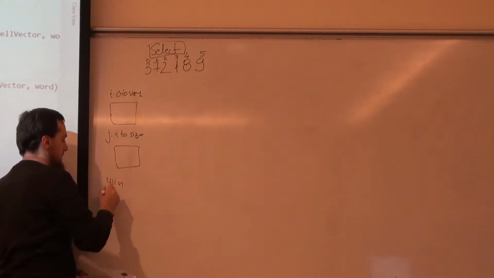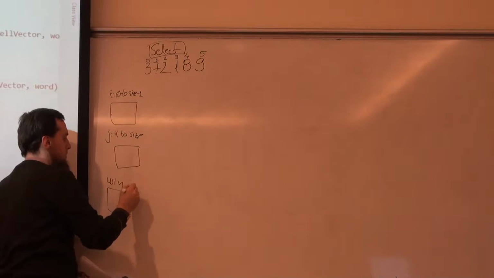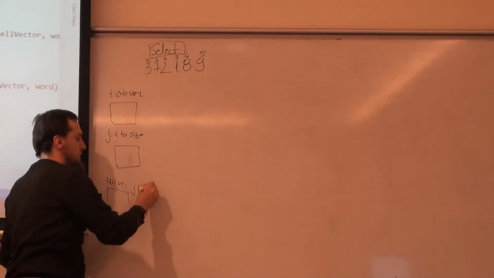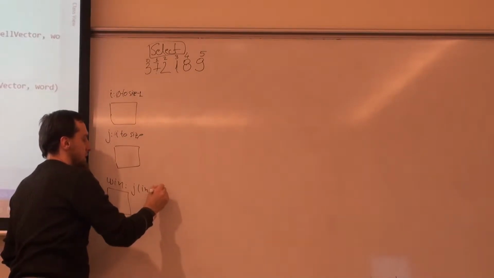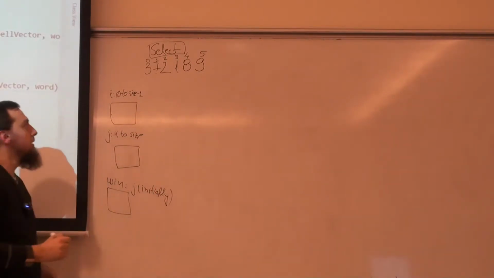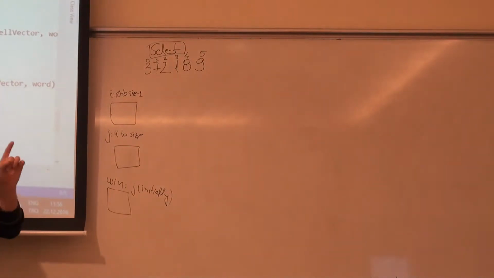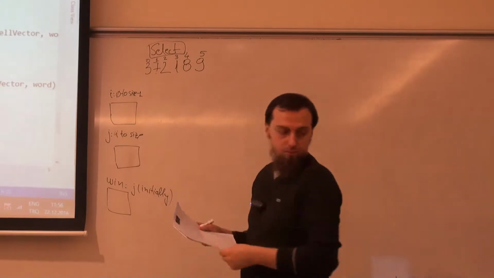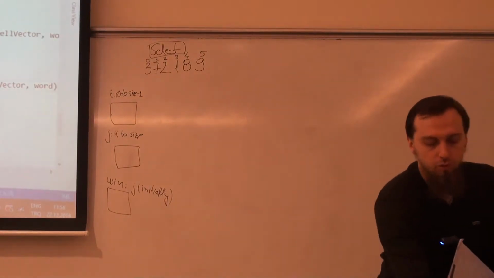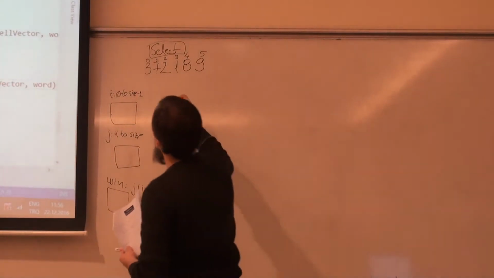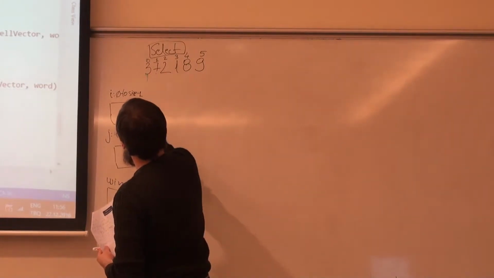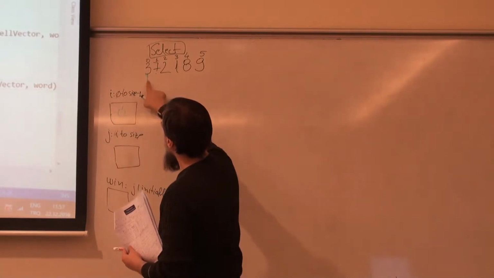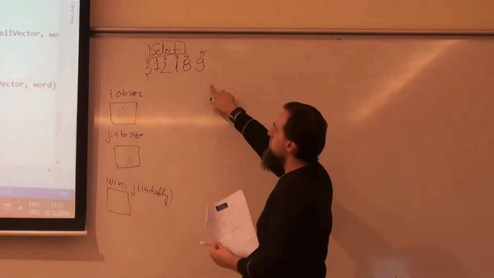Initially we assume the minimum to be j, but of course it might change during the course of the algorithm. So we start with this one first. i is 0, and for each i, j goes from i to the end.